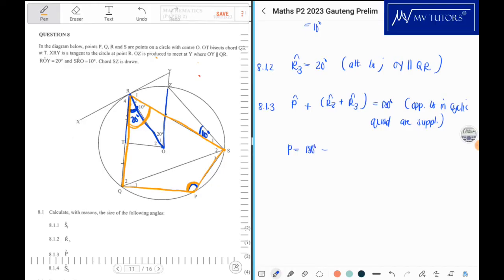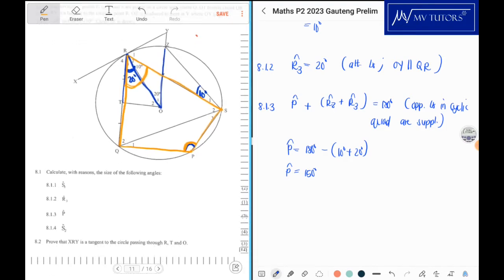R2 is 10 degrees. And R3 is 20 degrees. Okay, so basically P is equal to 150 degrees.